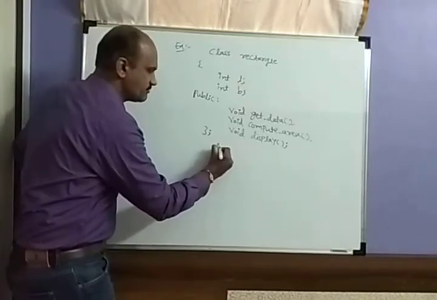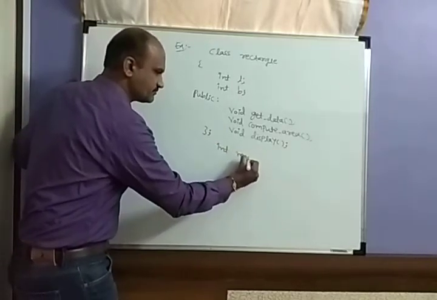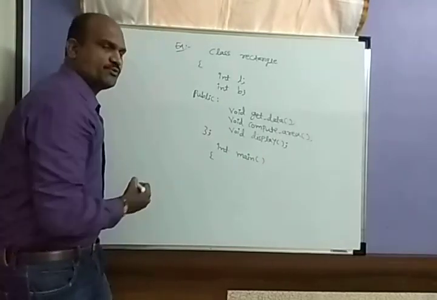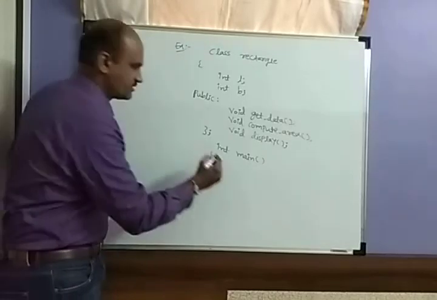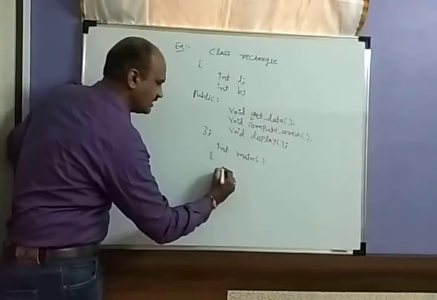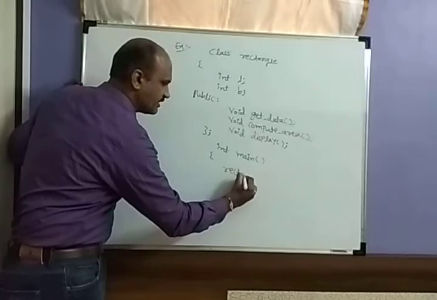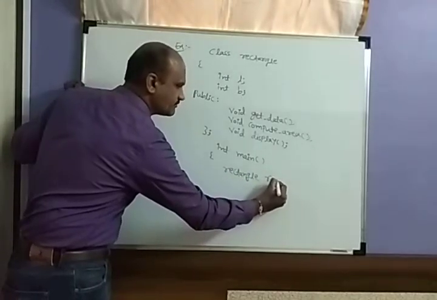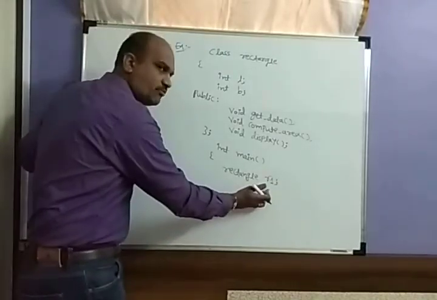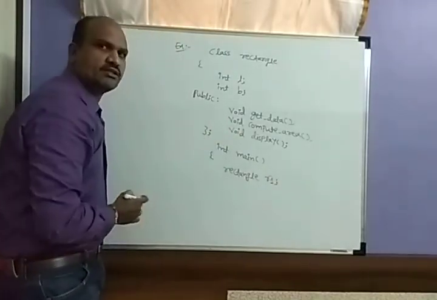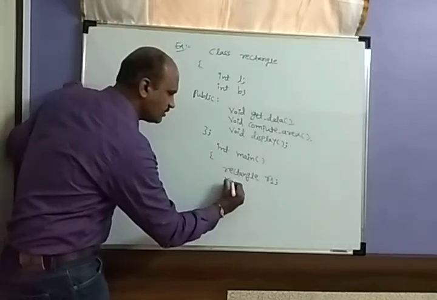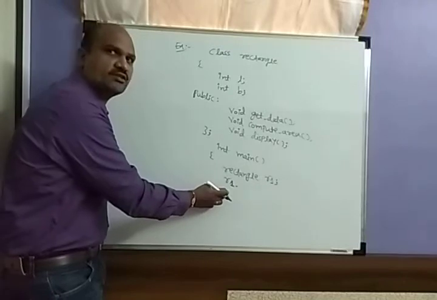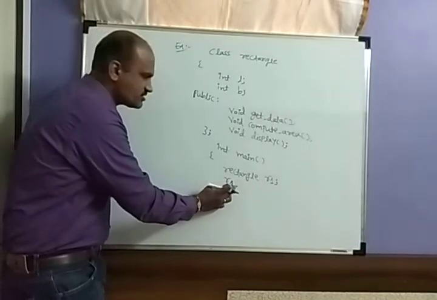Now the int main function, open brace. We define the class with an object. Rectangle is the class name, and we create an object R1. From this object we can access all three functions, R1 dot, using the dot operator, that is the direct member access operator.